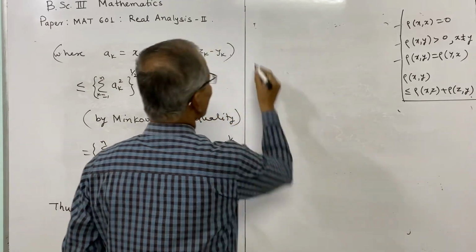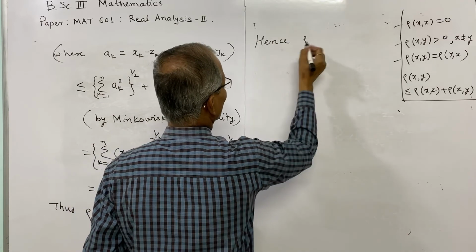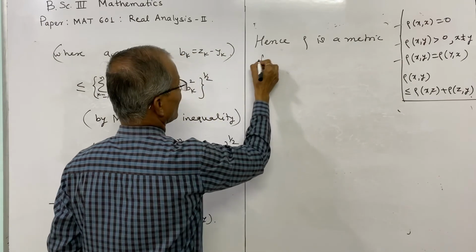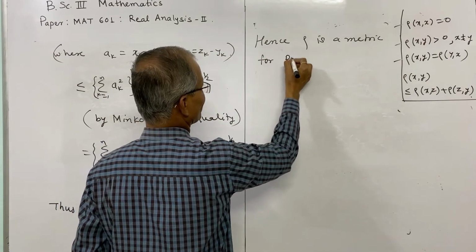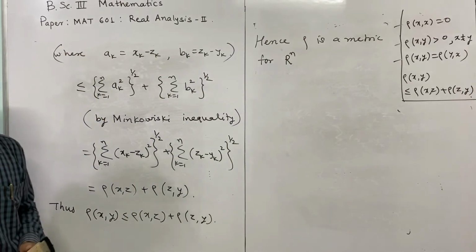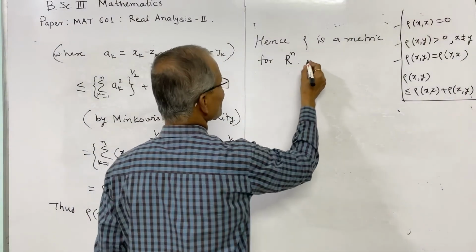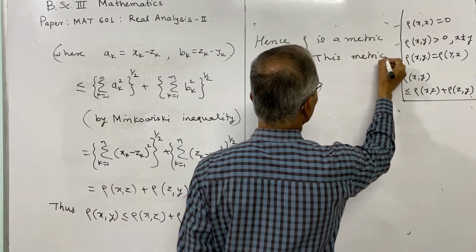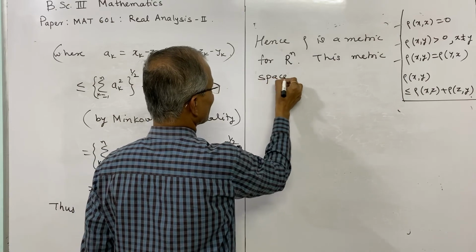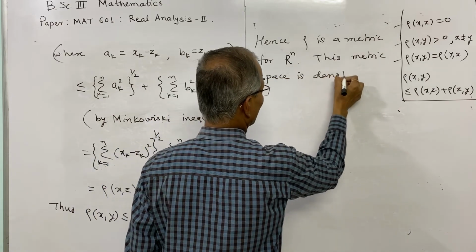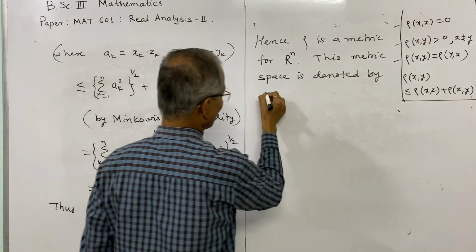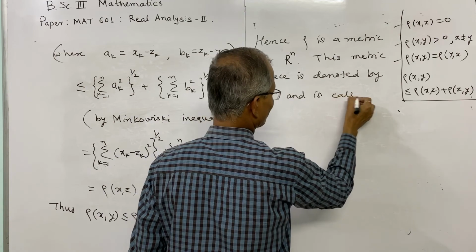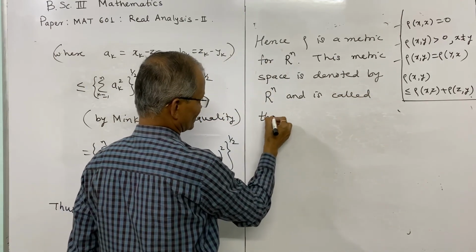Hence, rho is a metric for this Rn, the space of n-tuples, and this metric space is denoted by Rn itself and is called the Euclidean space.